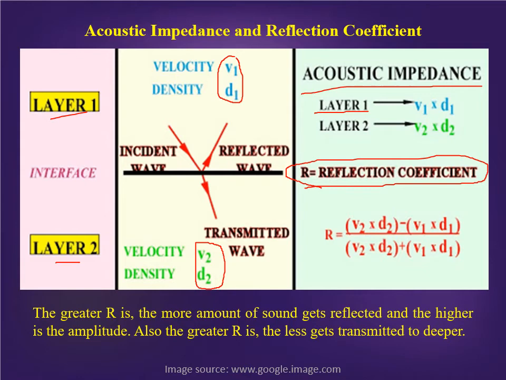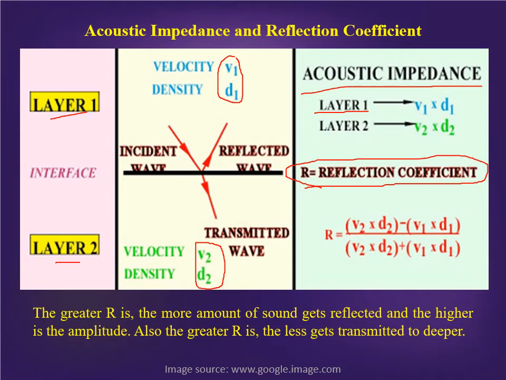Okay, so basically when the amount of reflection is high, we get a more and more clear picture of the interface between two layers. When the amount of reflection is poor, then most of the incoming energy is transmitted deeper within the deeper part of the earth.